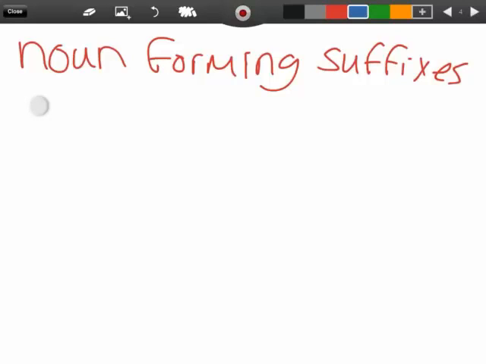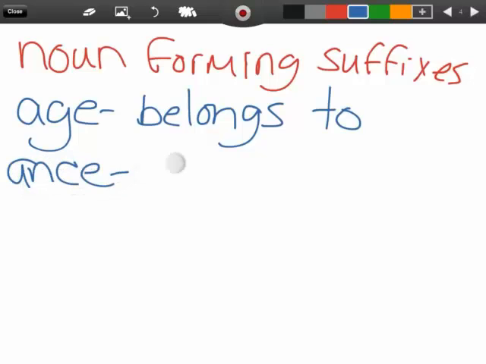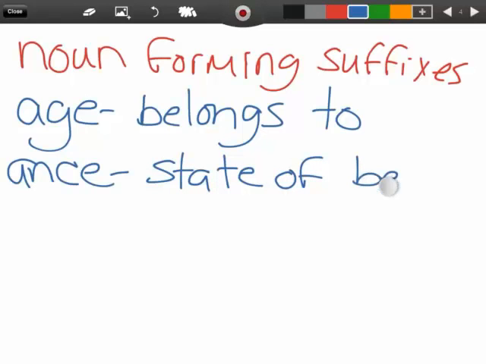The suffix is age, meaning belongs to. My second suffix is ance, and ance means state of being.